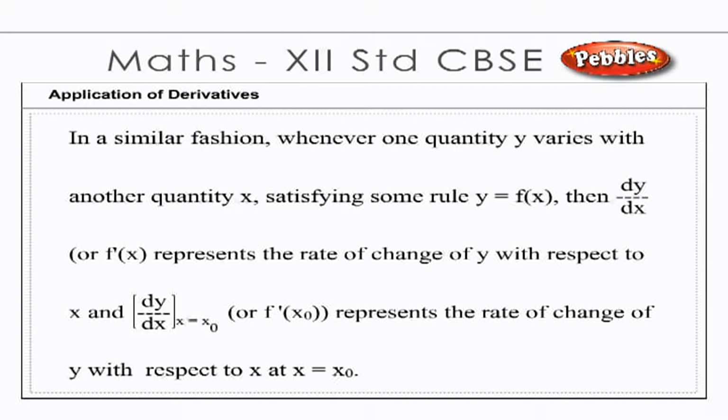In a similar fashion, whenever one quantity y varies with another quantity x, satisfying some rule y is equal to f of x, then dy by dx or f dash of x represents the rate of change of y with respect to x, and dy by dx at x is equal to x naught or f dash of x naught represents the rate of change of y with respect to x at x is equal to x naught.